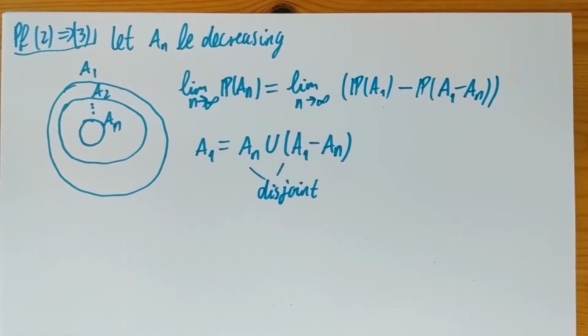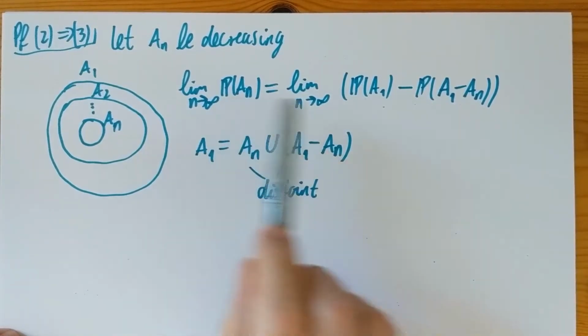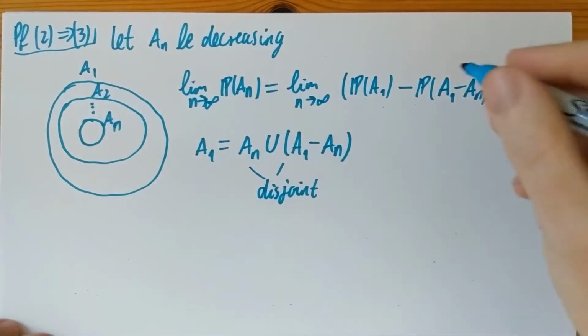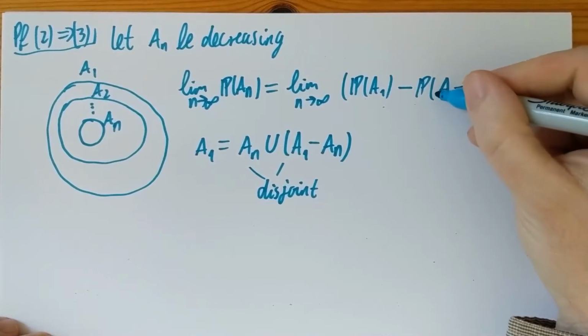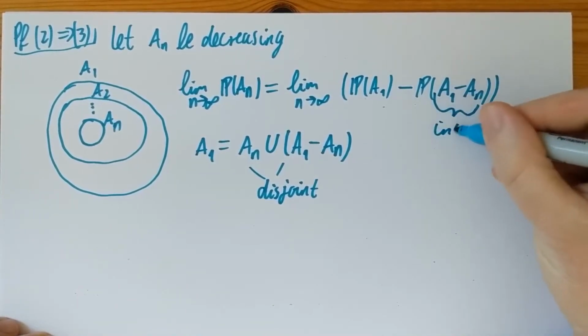Okay, so again, the reason is that if I look at the probability of a1, it's going to be the sum of the probability of an and the probability of a1 minus an because of this disjoint union here. All right, and the point is that a1 minus an is an increasing system.